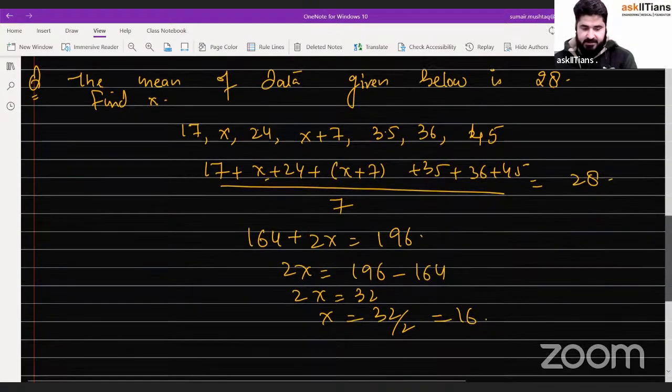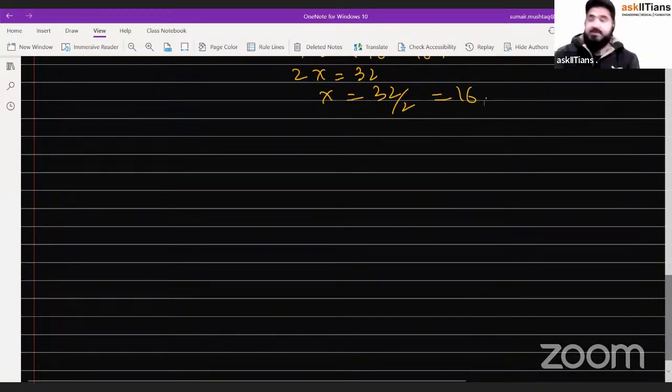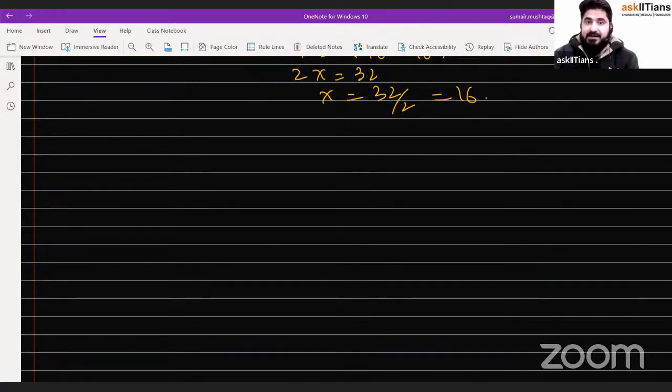Okay, now we have the corrected mean. Suppose sometimes an incorrect mean is given, and we have to find the correct mean. How to find the correct mean? What is the procedure for doing that? I will give the question.